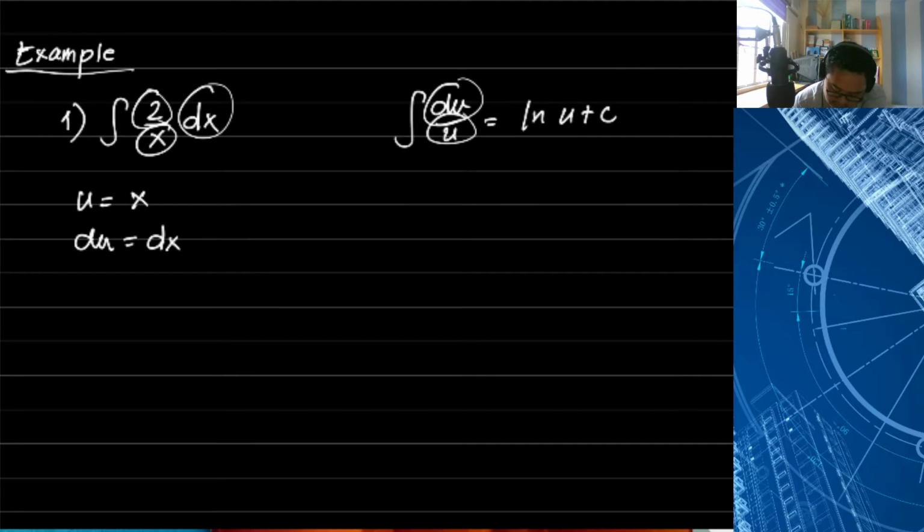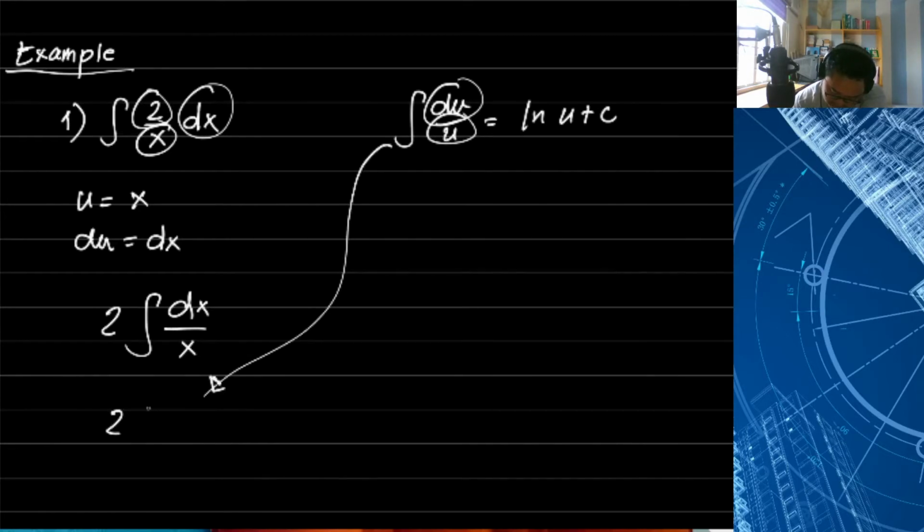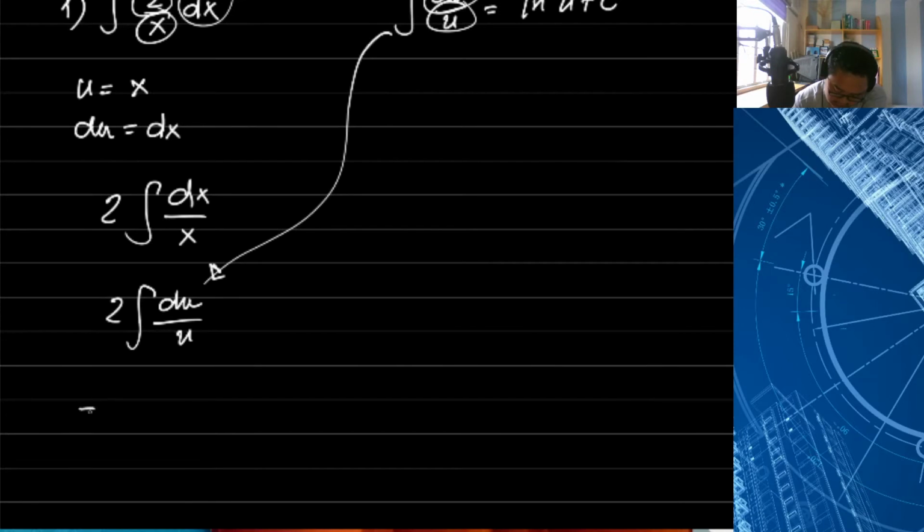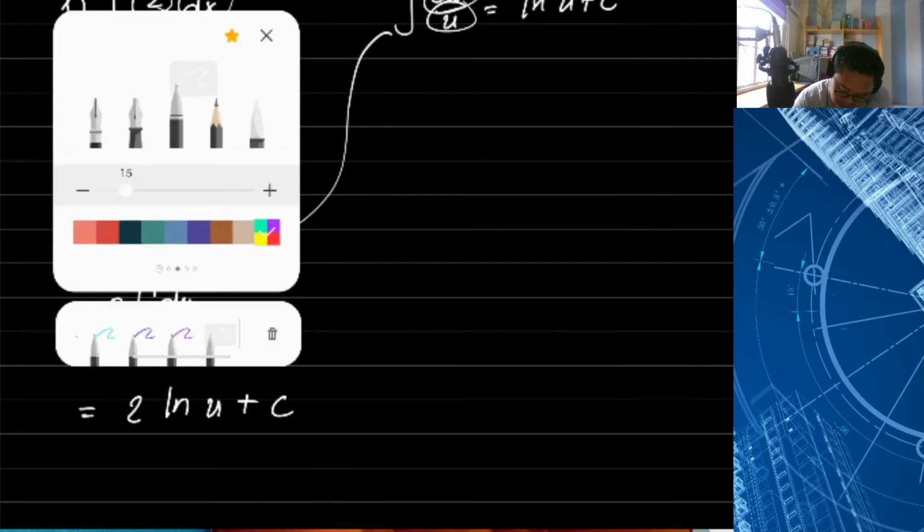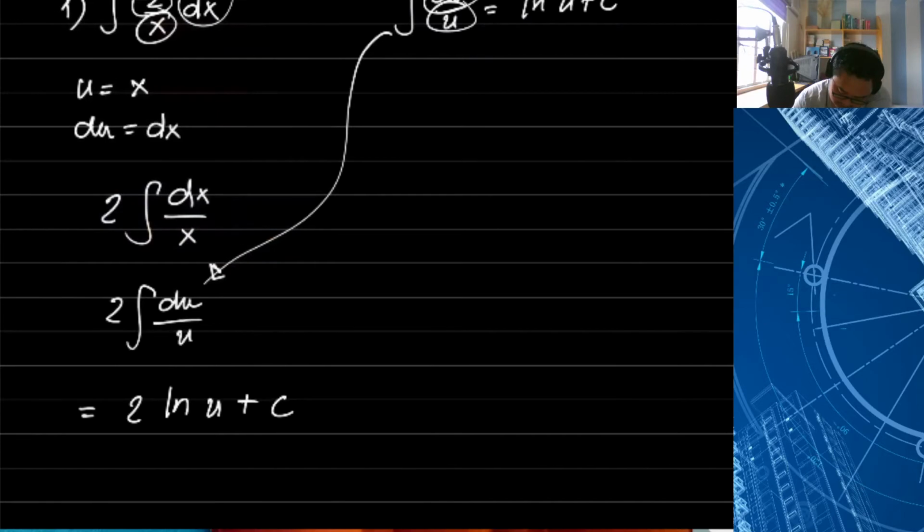We already know that we can factor it out. So we can rewrite this equation as 2 times the integral of dx over x. This now follows our formula, integral of du over u. Therefore, this is equal to 2 ln u plus c. So this is now our answer.